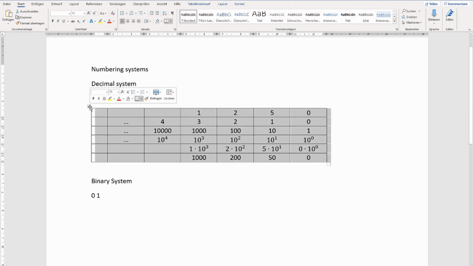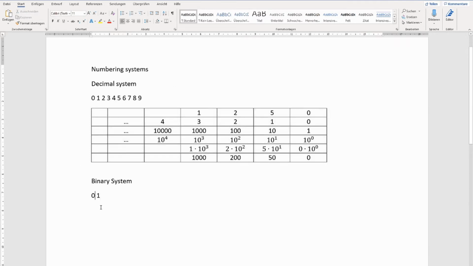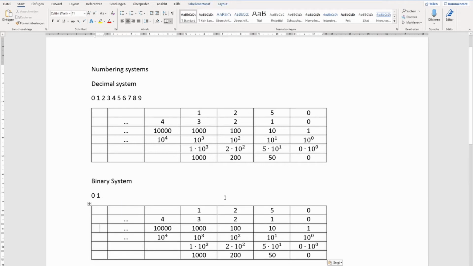Now I'll just copy this. So for instance, I have this. This is my number. Yeah. This is position 0, 1, 2, 3, 4, and so on.